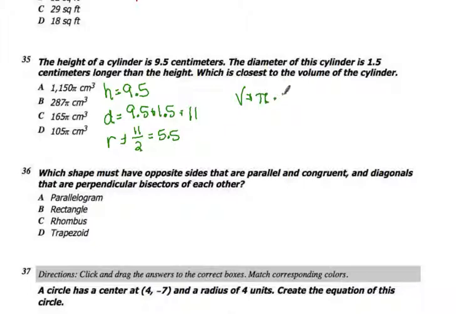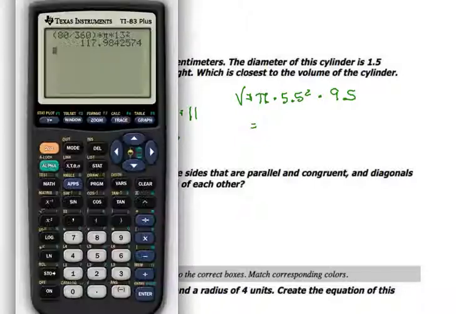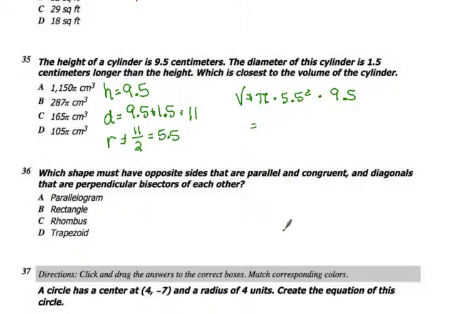So pi times 5.5 squared times 9.5. Plug that into your handy dandy calculator. And if you look, pi is not multiplied, so don't multiply it. So let's go 5.5 squared times 9.5. And enter. 287 pi. So your answer should have been B.